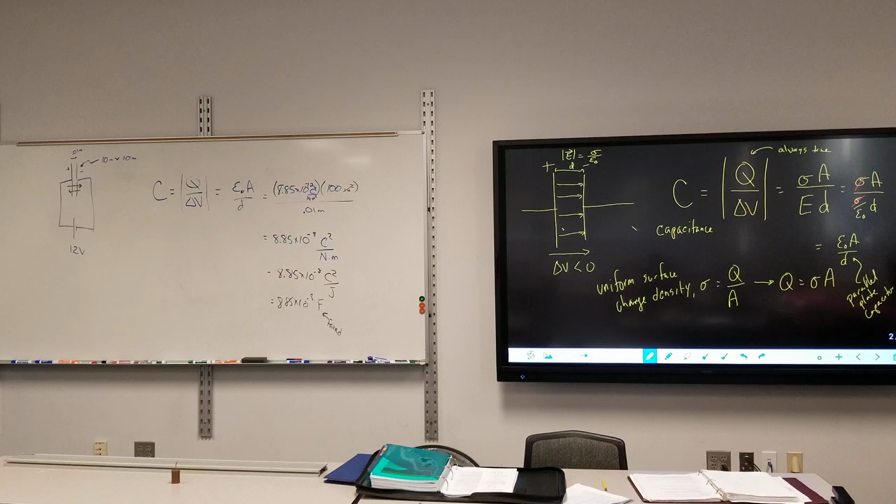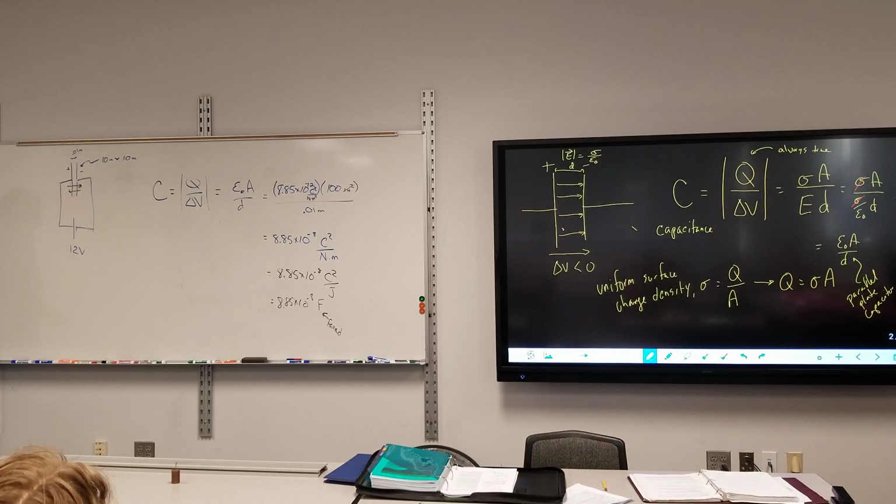Someone just take a wild guess. 0.01? No, that's a distance, looking for a voltage. 12? Give me the whole thing. 12 volts. Yeah, 12 volts.